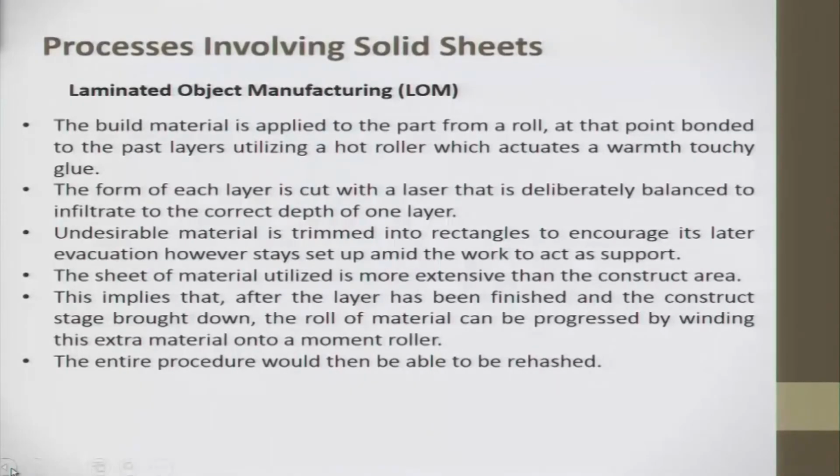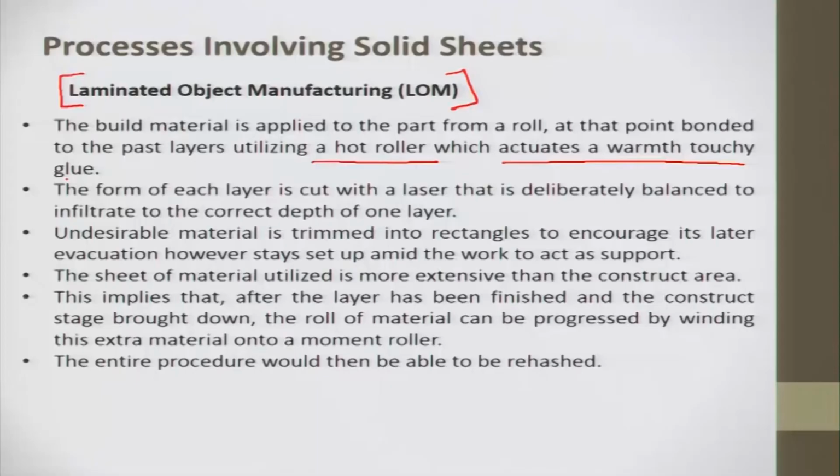In this case, a popular or very commonly used process is laminated object manufacturing. In this case, the build material is applied to the part from a roll, and at that point it is bonded to the past layers using a hot roller which activates a heat sensitive adhesive.